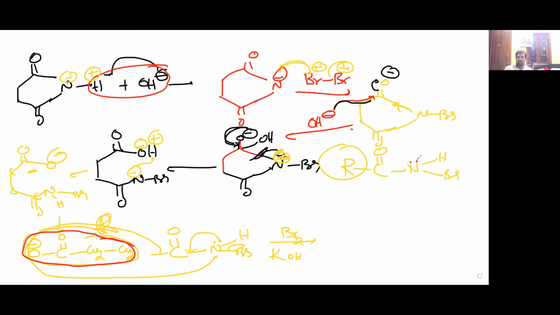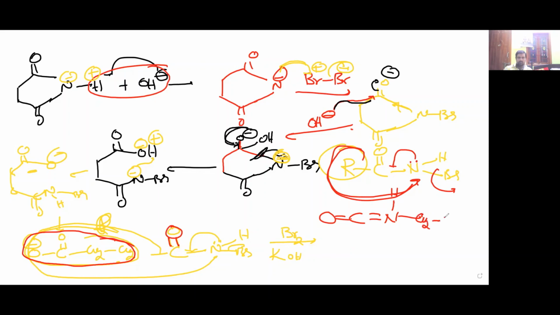So then this pair is shifted like this. The alkyl group is migrating. Then Br is leaving like this. Then the same thing happened. Then you are going to get NH2. What is that? Tell me here. This is C double bond O. Here double bond N, and the hydrogen connected to R. R group means CH2, CH2, COO minus.